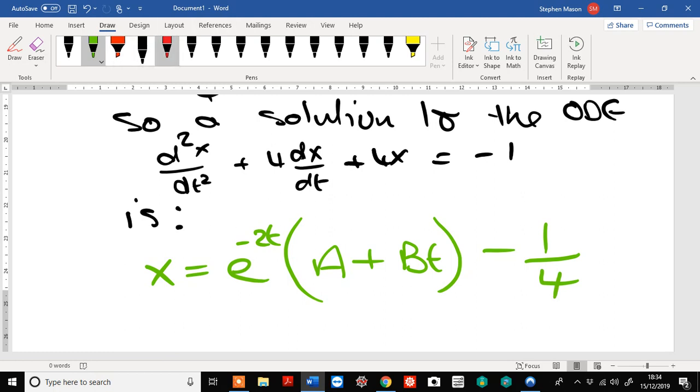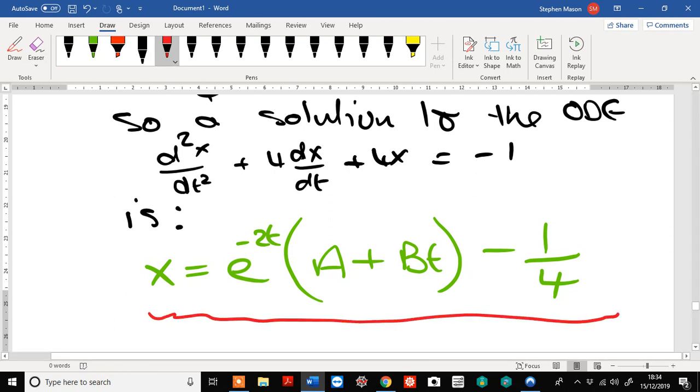And that is the solution to our original equation, which we call dagger.